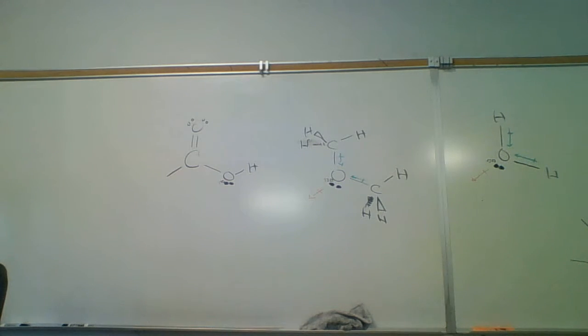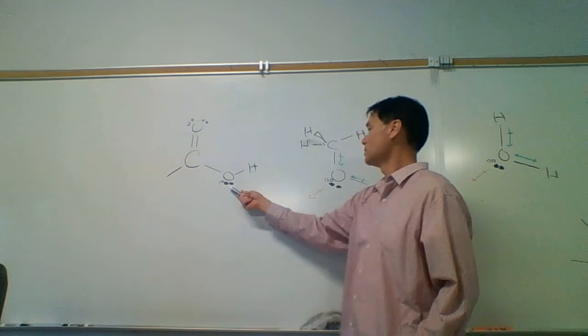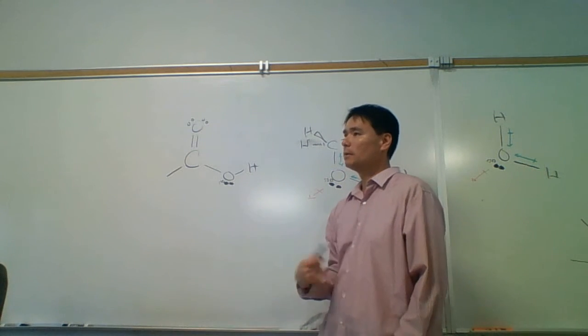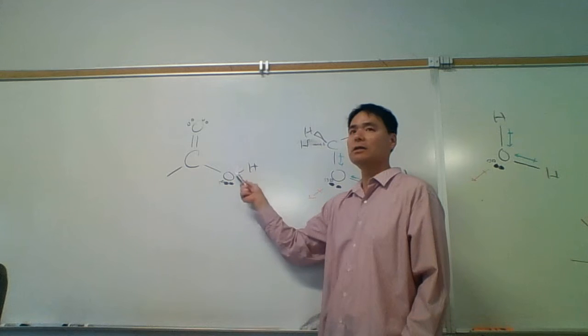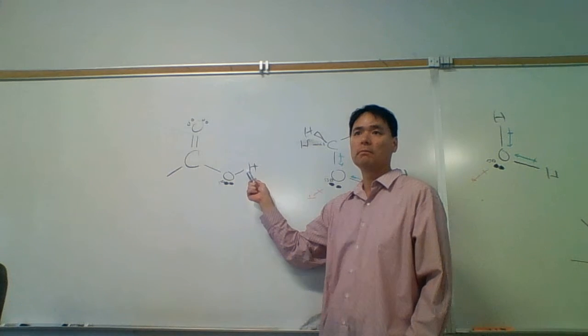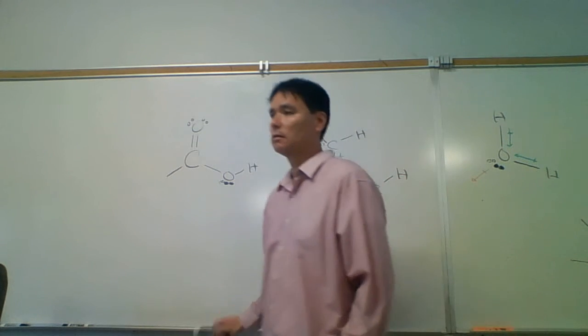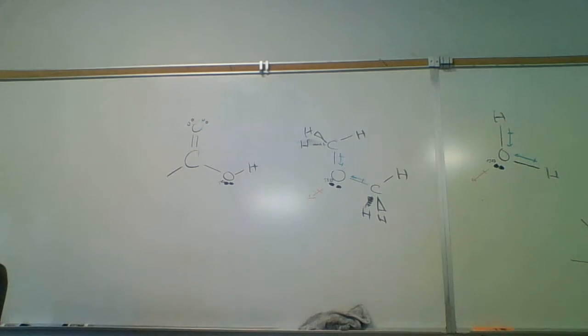So electron pair geometry is the shape of the electron groups. Like the shape of the electron groups here is tetrahedral, but the molecular geometry is the shape of the bonds, which is, what is the shape of this one? Bent. Bent or angular. Angular is another name for bent.